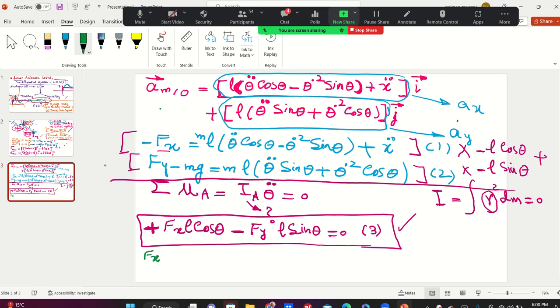Fx L cosine theta, from equation 1, is ml, and we also have here ml times minus theta double dot cosine squared of theta plus theta dot squared, and one L comes here because it's multiplying by L, that is L squared sine theta cosine theta, minus L x double dot cosine theta.